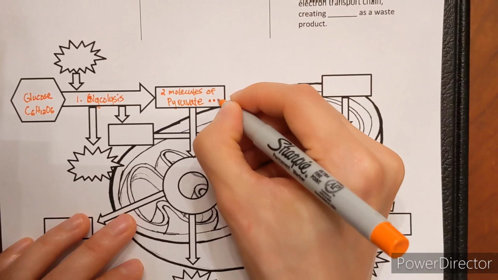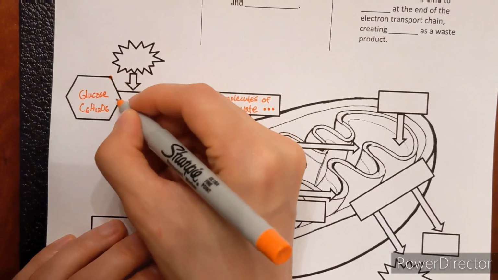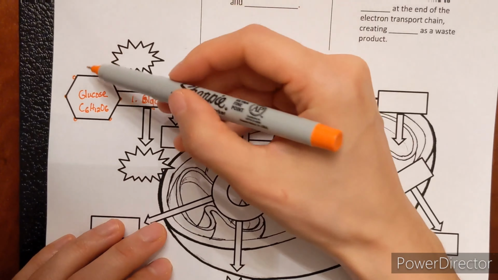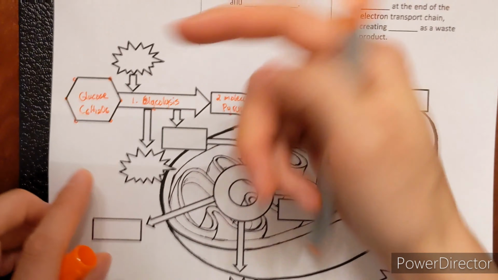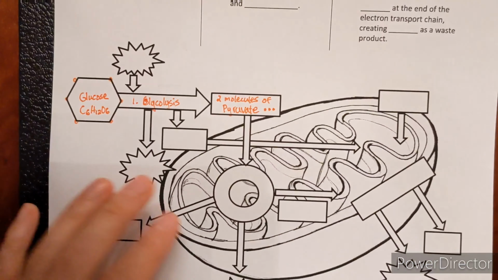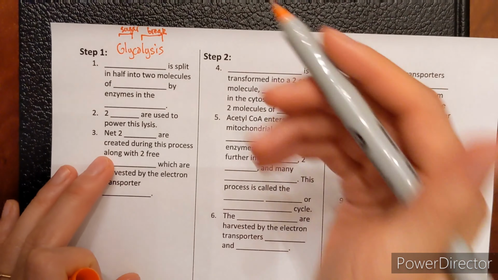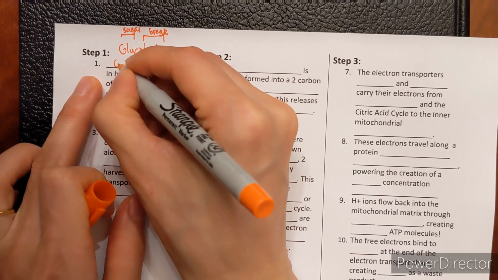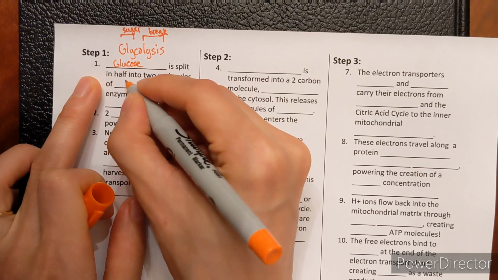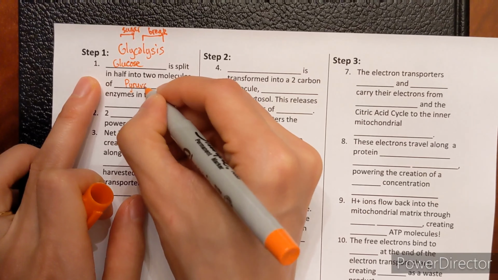Pyruvate has 3 carbons, glucose has 6. So we can imagine in some ways glucose being literally split in half so that I form 1 molecule of pyruvate and a second molecule of pyruvate. Let's record that up here. So we've got glucose being split in half into 2 molecules of pyruvate.